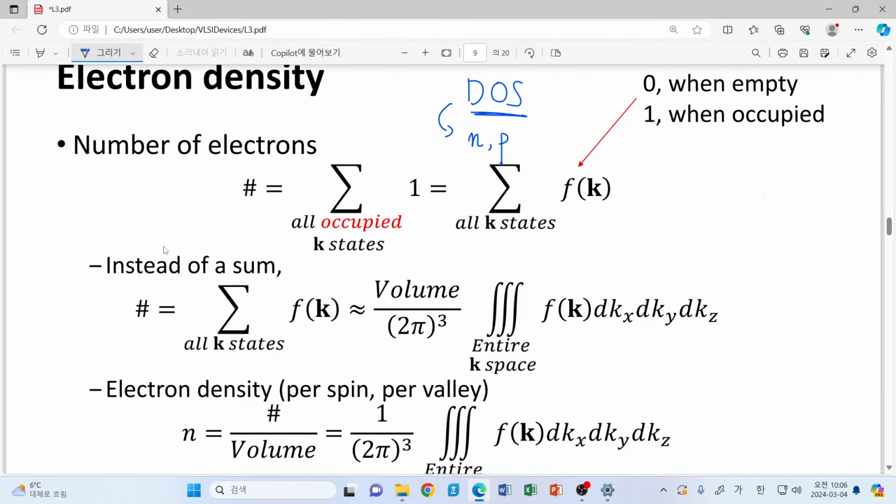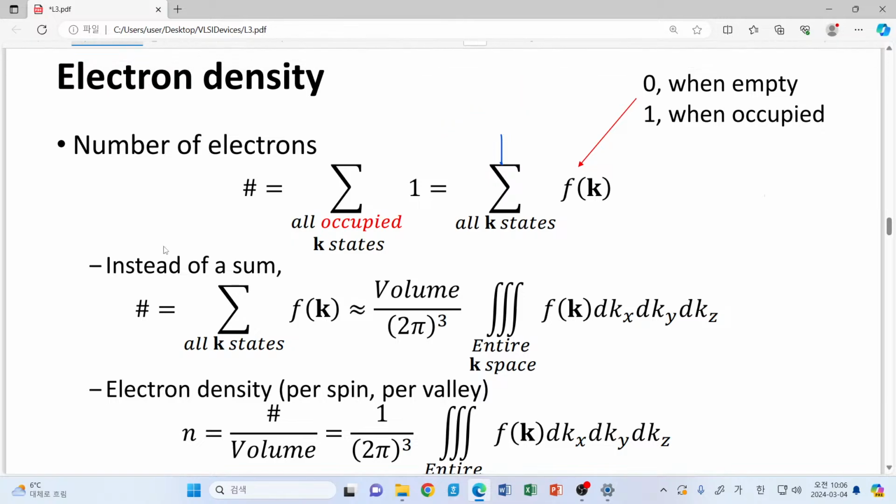For example, let's assume that we want to calculate the number of electrons. Consider only the conduction band, not the valence band, and ask how many electrons are there. That can be obtained by a simple manipulation: just add 1 if your K-state is occupied.